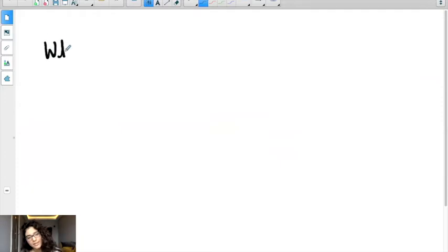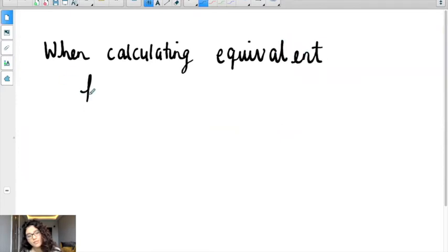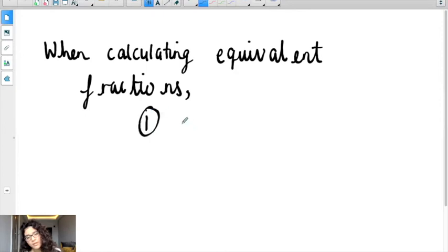I'm going to write when calculating equivalent fractions, and I'll do number 1.